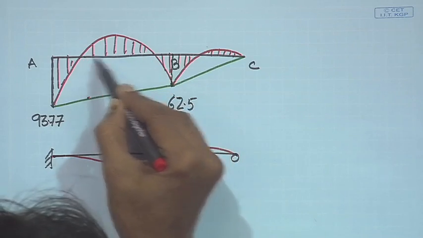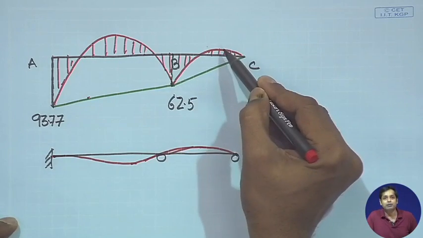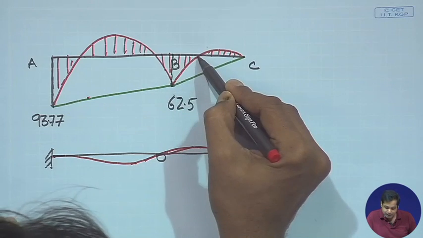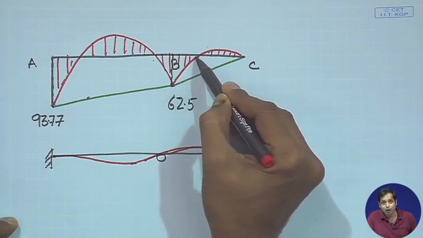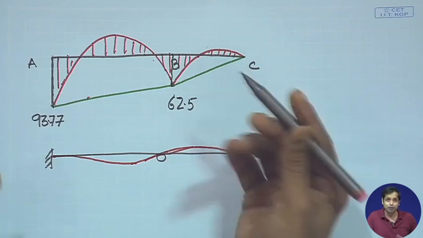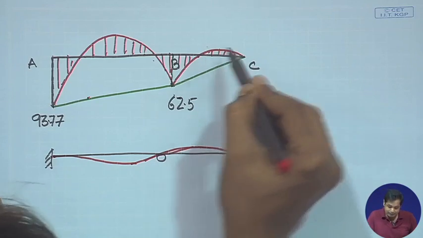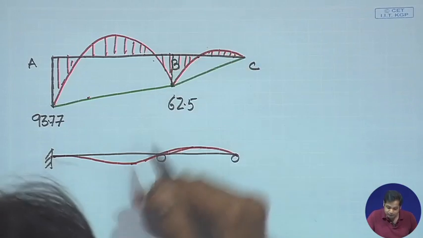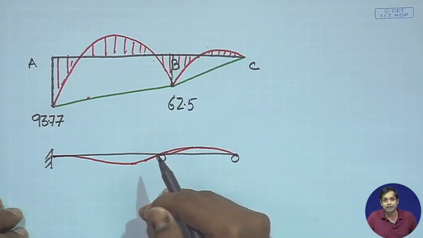Between this part and this part it is sagging moment, so the beam will sag, and again between this part and this part there will be hogging, and again between this part and this part the beam may sag. So based on that you need to identify this deflected shape.